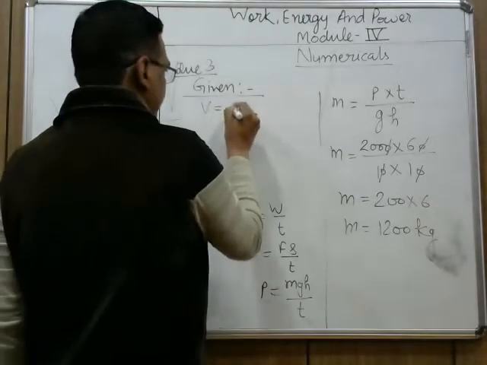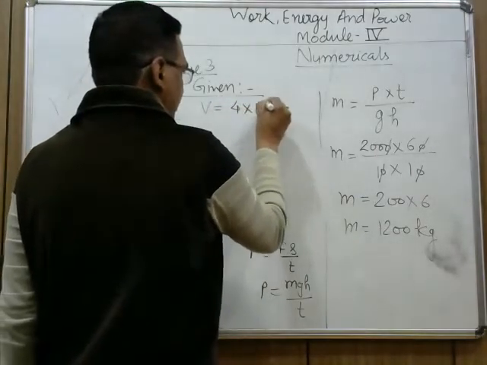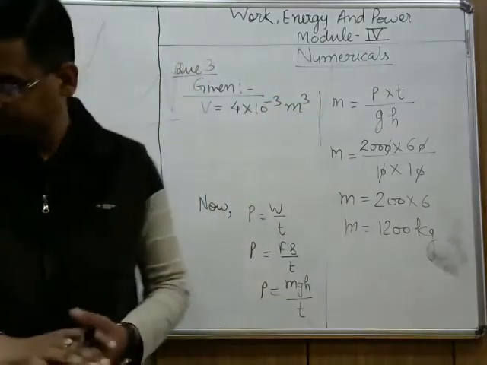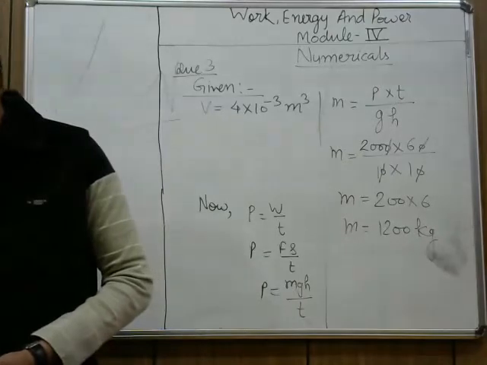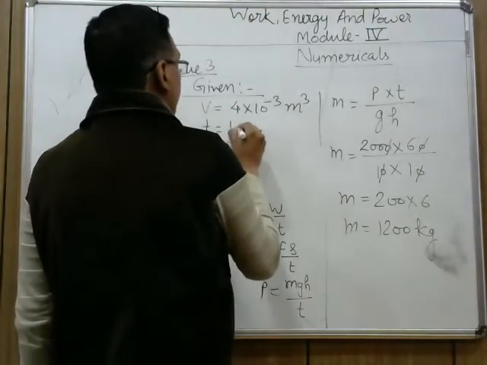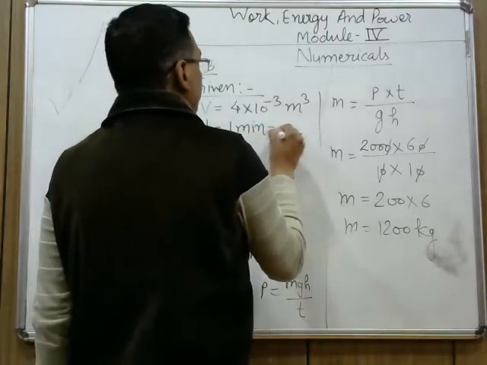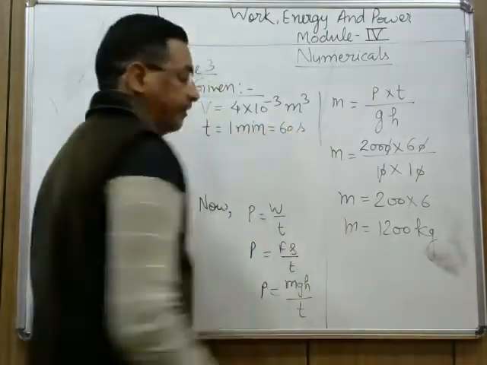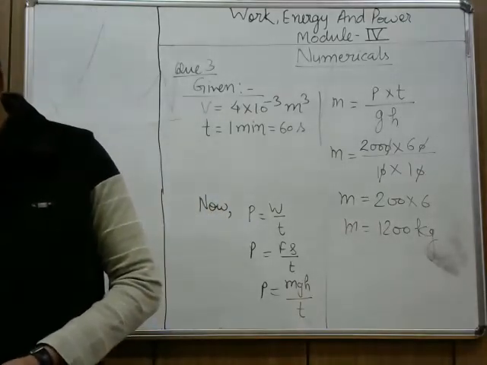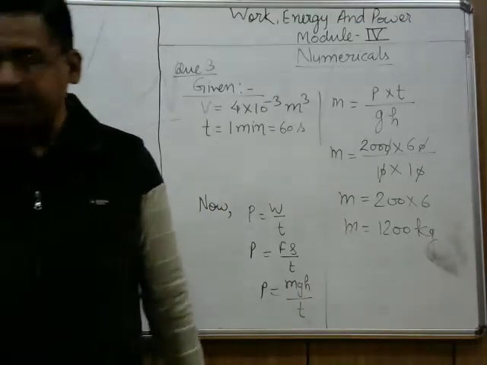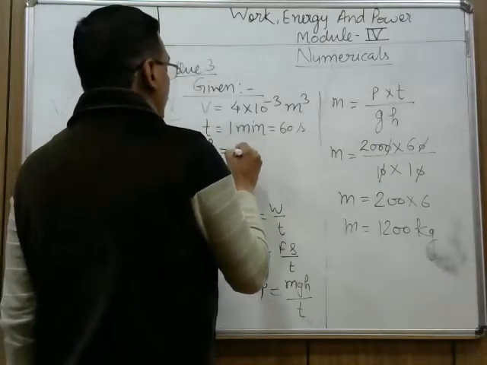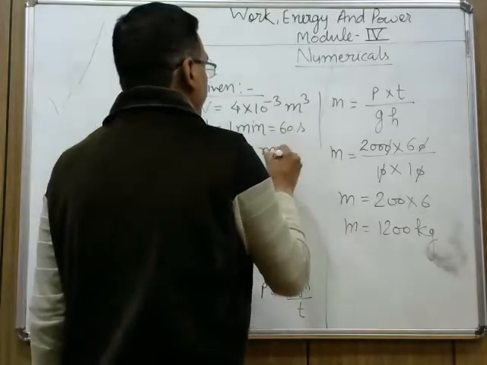Volume of blood is given, 4 into 10 to the power minus 3 meter cube per minute. Time is given per minute, means 60 seconds. Through the arteries under a pressure of 0.13 meter, height is given, 0.13 meter.